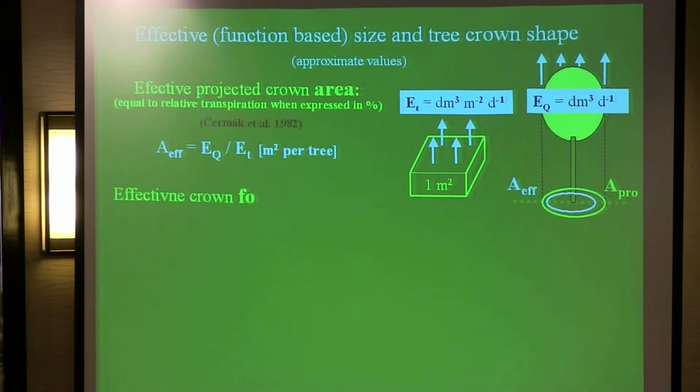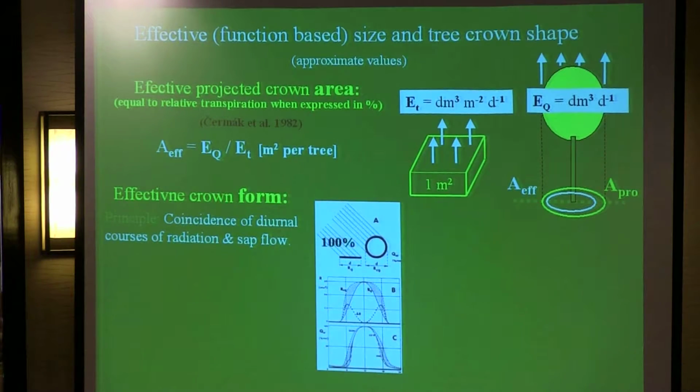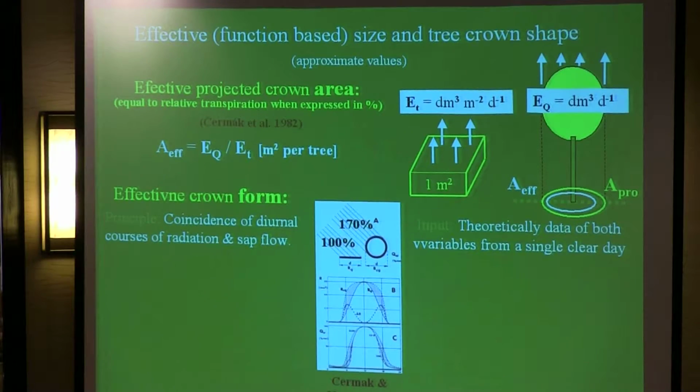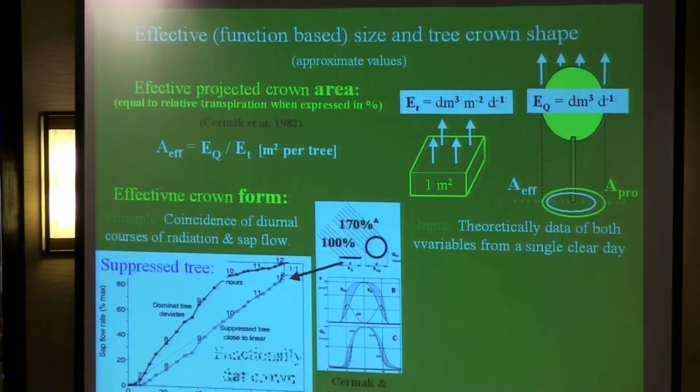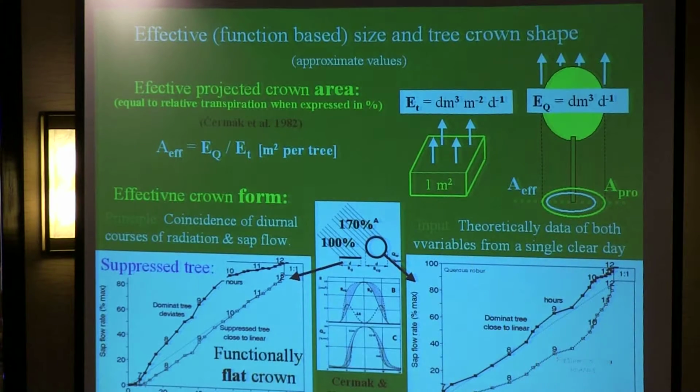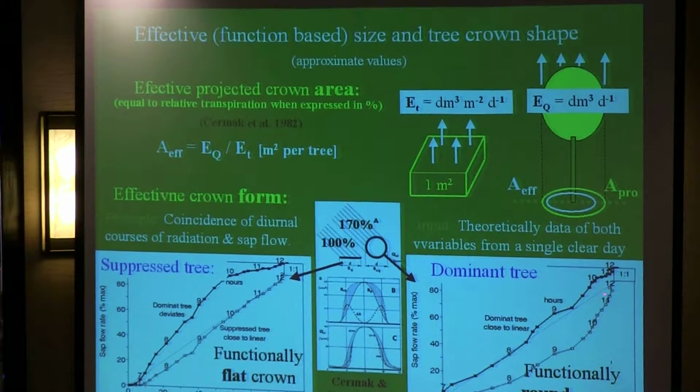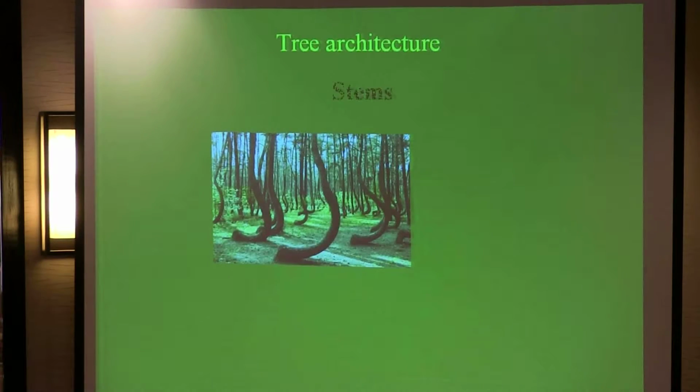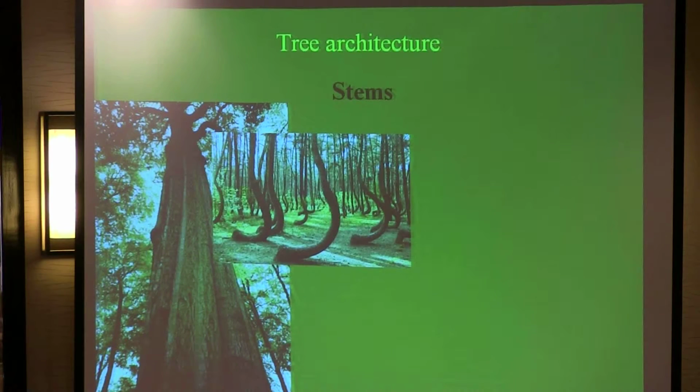Then, when we take circumglobal radiation, the linear relation is with the dominant tree, and the suppressed tree is deviating. Because this can all be easily measured, you can apply it for stand level as well.